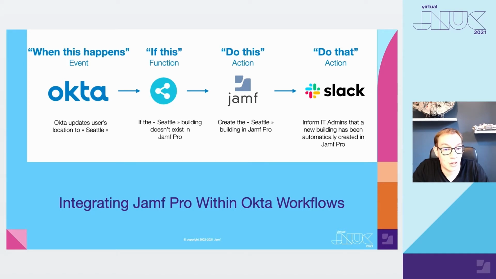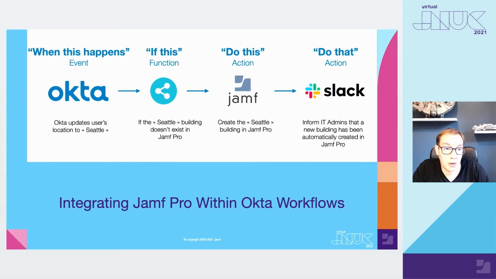If the Seattle building doesn't exist in Jamf Pro, then we will run an API command to automatically create that Seattle building in Jamf Pro so that the user profile in Jamf Pro will be updated accordingly. And finally, we can even inform the IT admins that a new building has been automatically created in Jamf Pro.